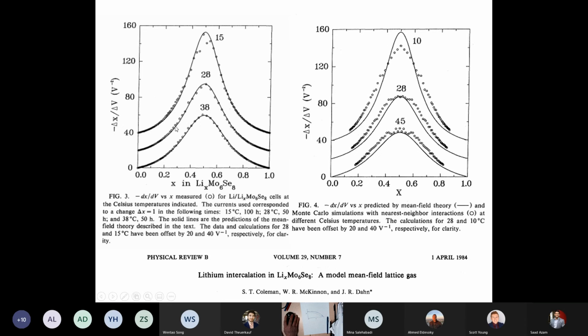Although we said we're going to take near neighbors and second near neighbors interactions, what are we actually doing in the approximation? Because when you do near neighbor interactions exactly with Monte Carlo, it doesn't work. It doesn't match the data. The data matches mean field theory, but mean field theory doesn't match Monte Carlo. So what's going on here? Why does this work? What's happening? So I'll spend a few moments on the document camera about that.